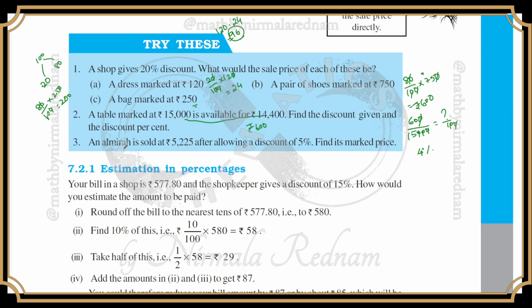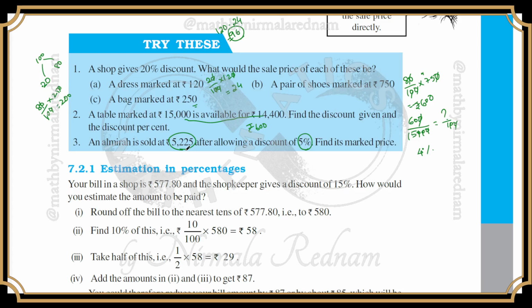Next question. An almirah is sold at 5,225 rupees after allowing a discount of 5%. Now this is the selling price, correct? And discount percentage is given as 5%. What is the marked price? So 100 is equivalent to marked price, right?